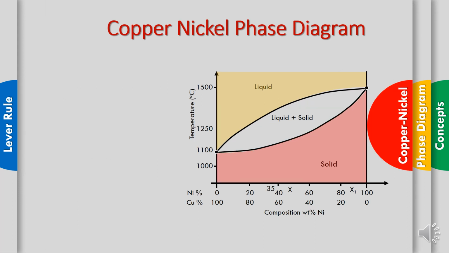So here we will cover the copper-nickel phase diagram. From the previous construction of the phase diagram, we already used the copper-nickel phase diagram as an example. In this case, we will explore more the analysis of the copper-nickel phase diagram: determination of phases present and phase composition.